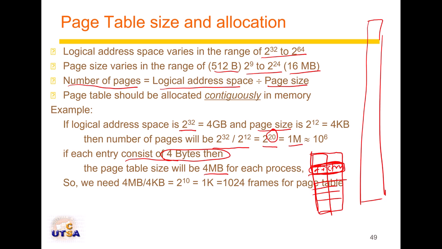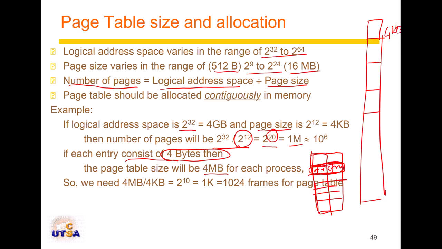Now, since I have that many entries in my page table, if I would like to store that in the physical memory, which is divided into same size frames, each of these frames is going to be... what was my page size? My page size was 4 kilobytes, so each one is 4 kilobytes.